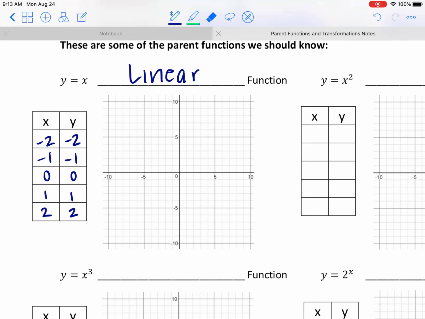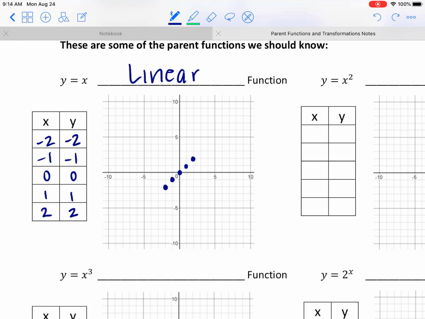So when we go to plot these points, -2, -2, -1, -1, 0, 0, 1, 1, and 2, 2, what we see is a constant slope between those points. For every 1 I rise, a 1 I run, every 1 up and 1 over, it's the same consistent change between the points every single time.